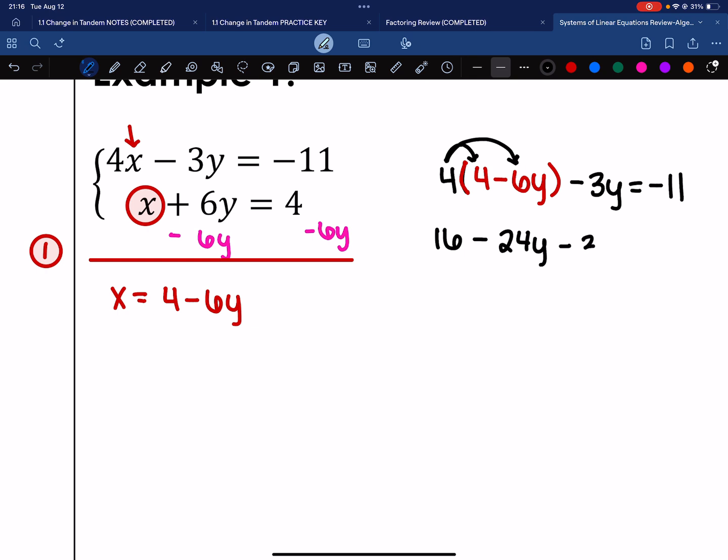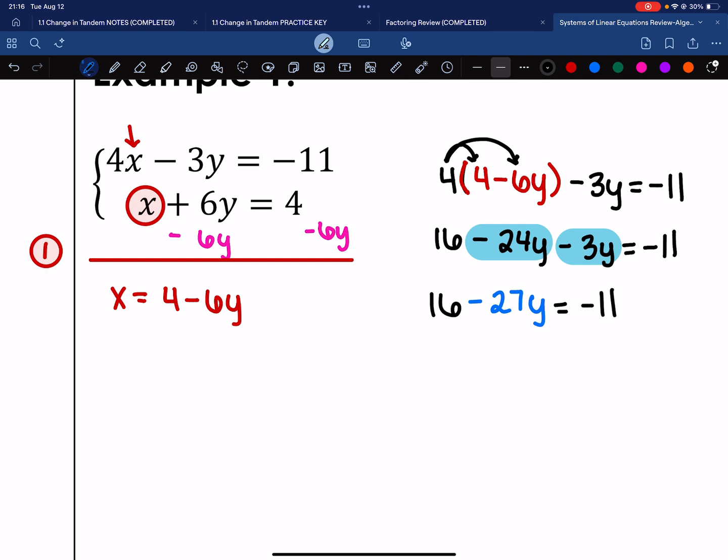We are going to drop down the -3 and the -11. From here, we can combine our like terms. So that would be our -24y and our -3y. When we combine our like terms, that gives us a -27y.